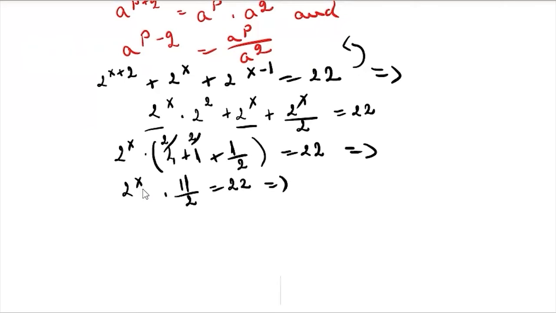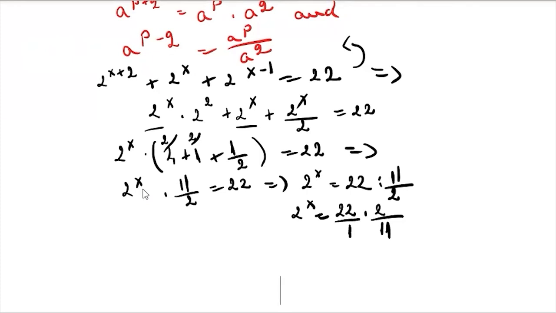So it results that 2 to the power of x equals 22 divided by 11 over 2. So 2 to the power of x equals 22 multiplied with 2 over 11. Here 22 over 1, I'm going to simplify in here.